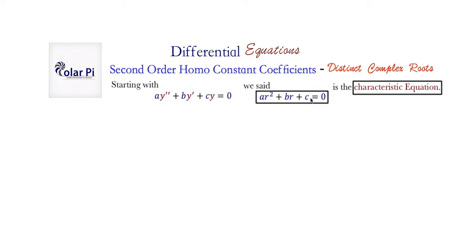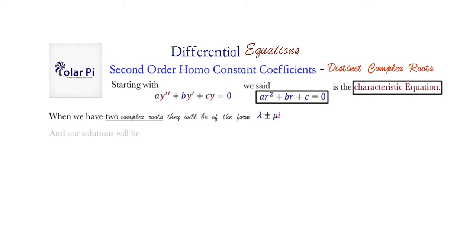Now, as it is a quadratic, this characteristic equation will have two real roots, the subject of the last video, two complex roots, the subject of this video, or one repeated real root, the subject of the final video, the next video. Alright, so let's get on with the two distinct complex roots.